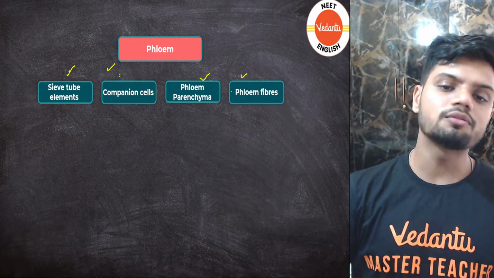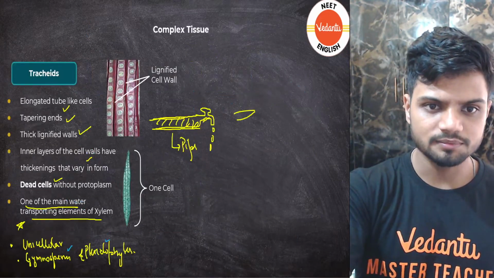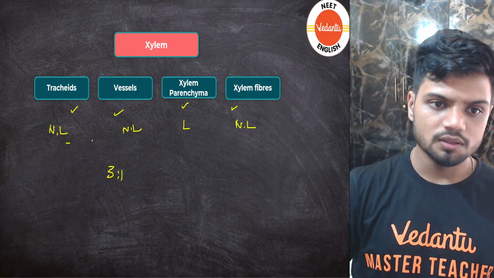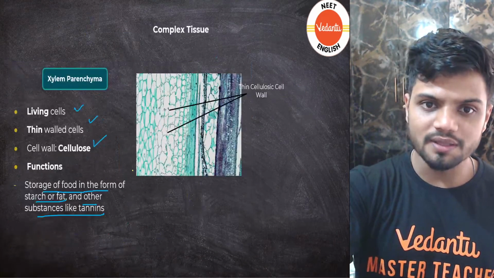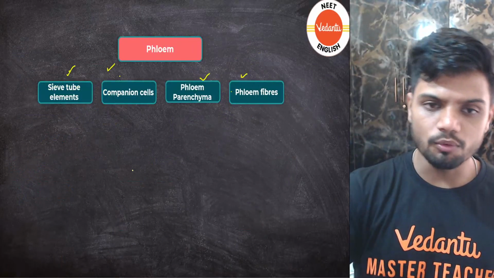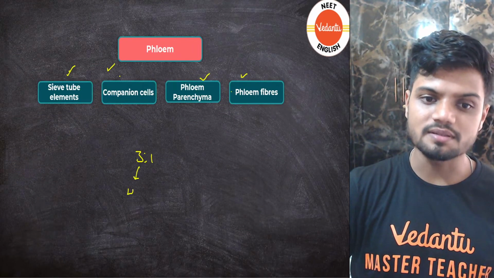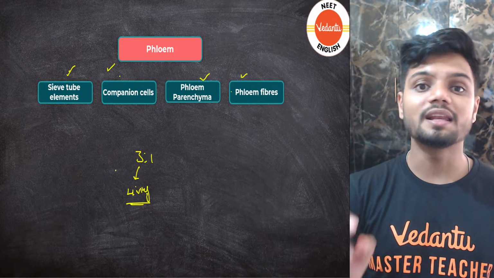Now out of all the four, here we had a 3:1 ratio, 3 non-living, 1 living. Now in the case of phloem also we have a 3:1 ratio again, but 3 this time is living. Can anyone tell me which of the following 3 is living in nature?